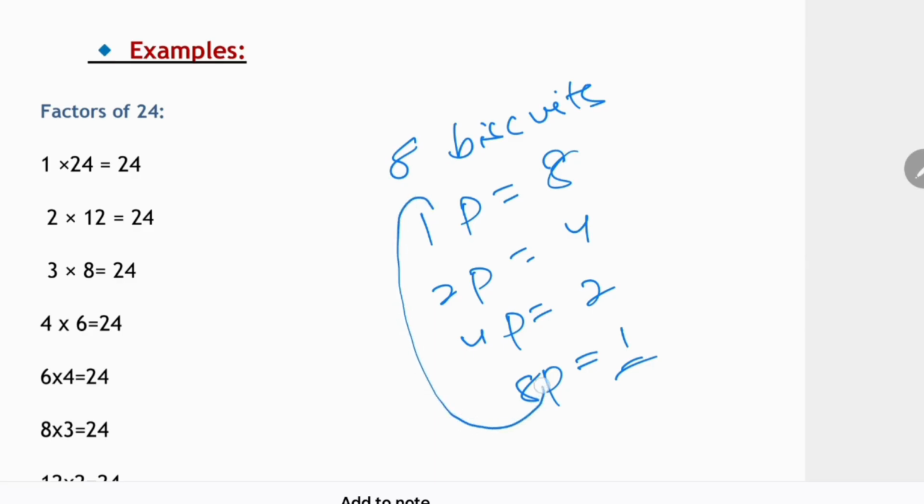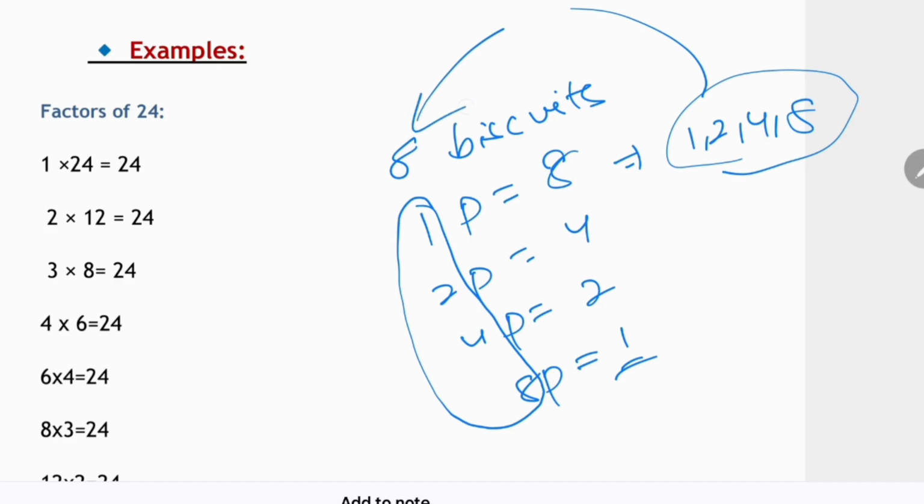Here we observe that 1, 2, 4, 8. These are factors of 8. Therefore, 1, 2, 4, 8 are the factors of 8.